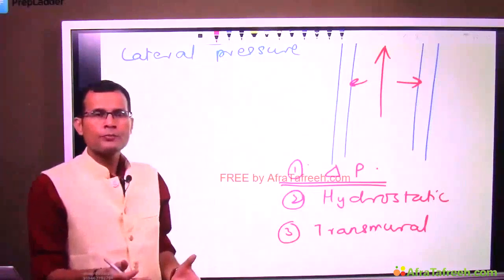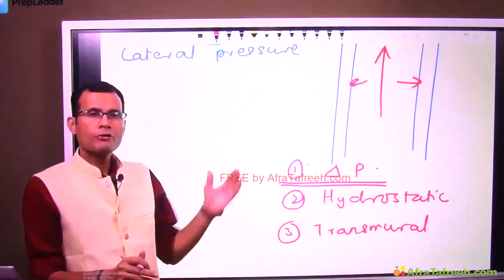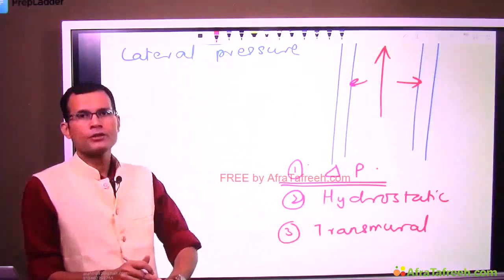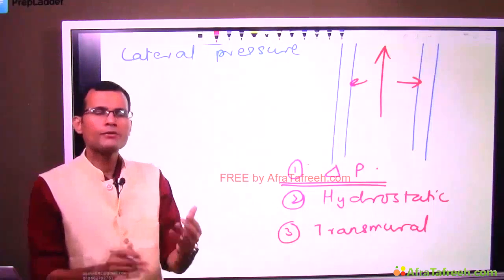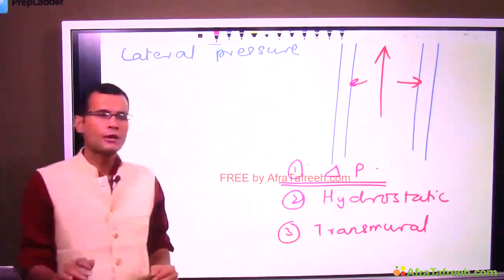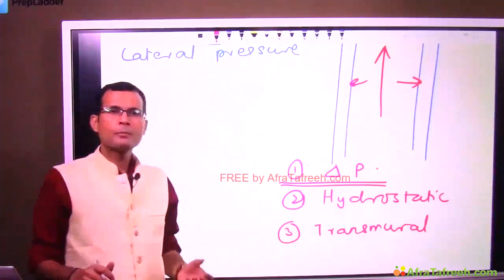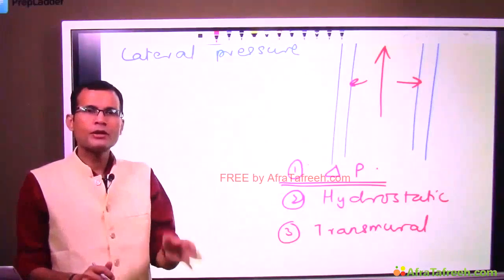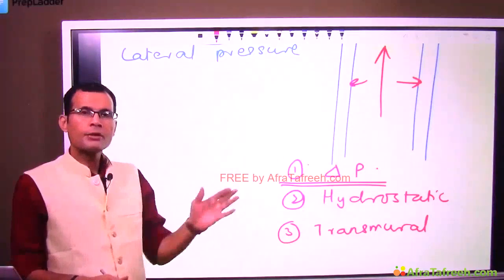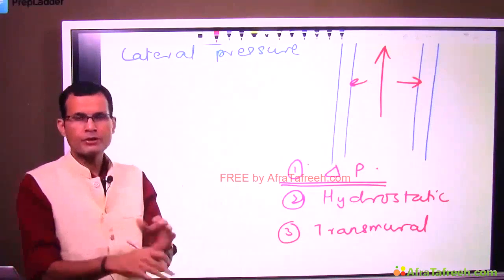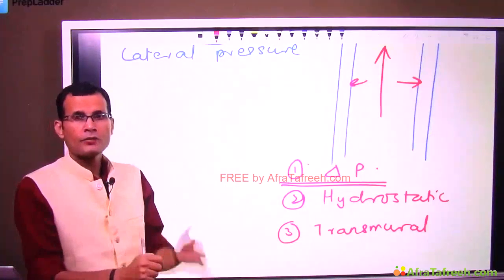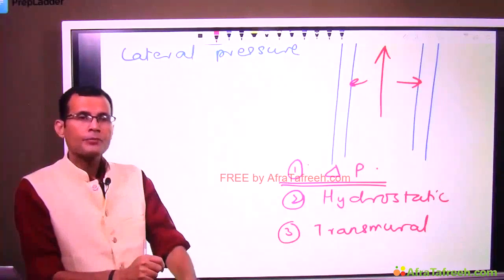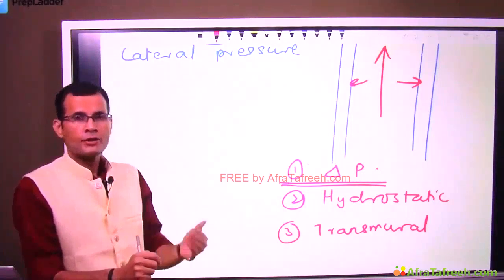Blood flows in the circulation from high pressure to low pressure. And we have seen that at the start of circulation, left ventricular peak pressure is 120 to 130 mm of Hg. Then arterial pressure is 100 mm of Hg, mean pressure. Then at the start of the arterioles, pressure is 80. Then end of the arterioles, pressure is 30.